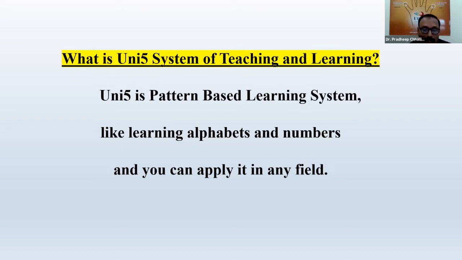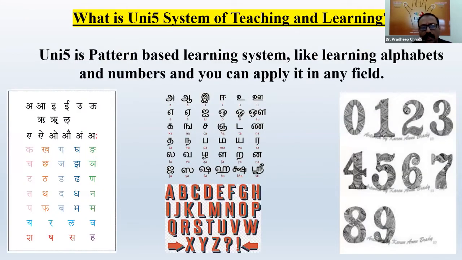And this is how the pattern of alphabets and numbers came into being. We all learn initially the pattern of aksharas, the letters, and then it becomes automatic that we know how to apply it to read a book or write and apply in any field.